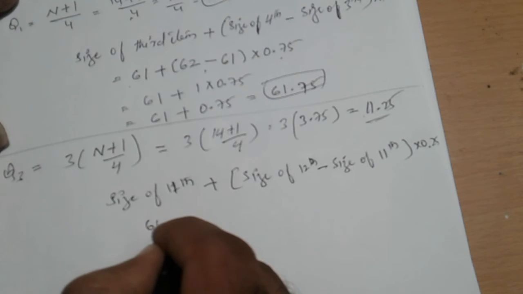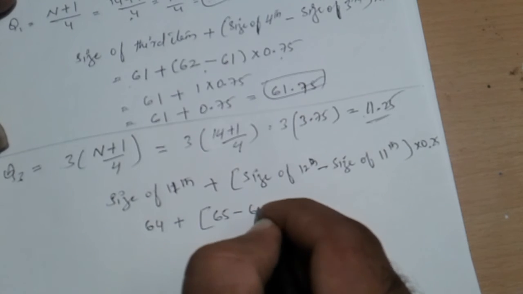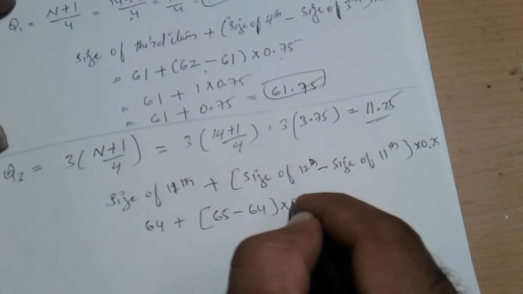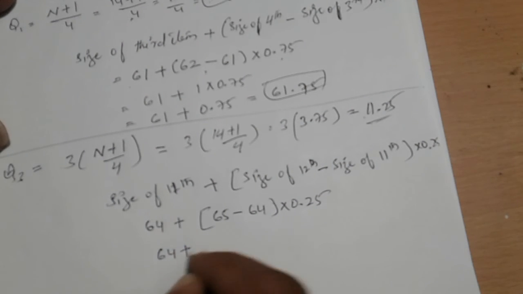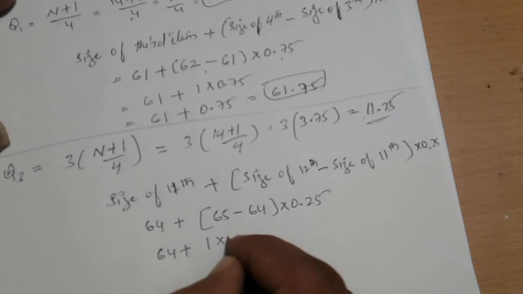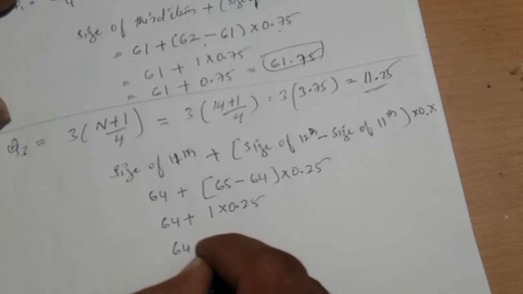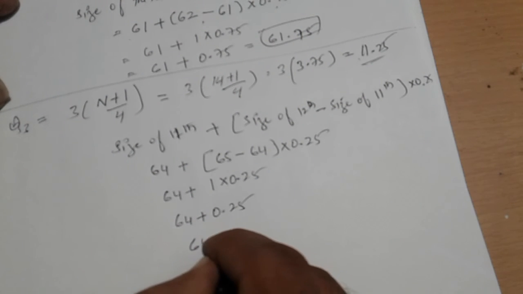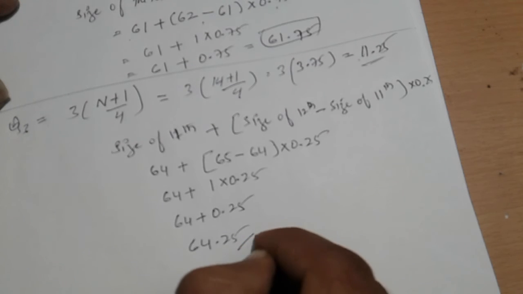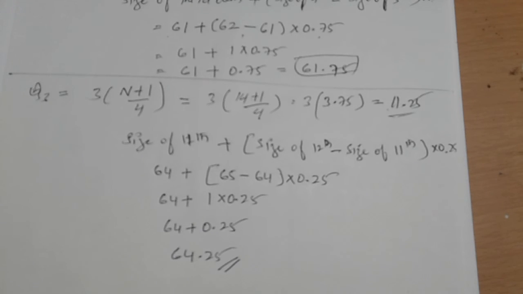The 11th item is 64 plus (65 minus 64) into 0.25. This is 64 plus 1 into 0.25, which is 64 plus 0.25. The overall is 64.25. This is how we can calculate the upper quartile and lower quartile.